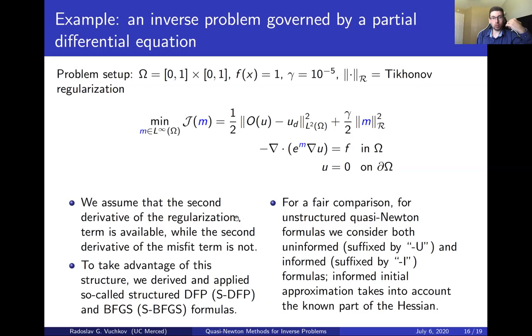What we did also is we introduced the so-called structural updates, where, because this term is user chosen in a sense, we know the Hessian of this term. So the structural updates would use that. That's a different thing from the infinite dimensional, but the idea is that this problem has a very particular form, and we can really take advantage of that.